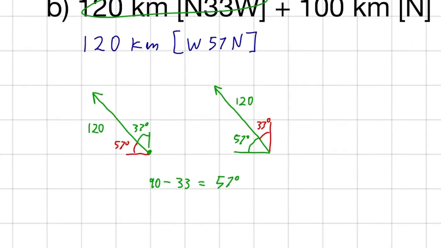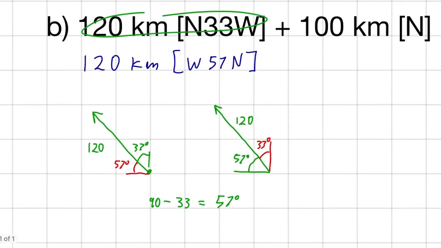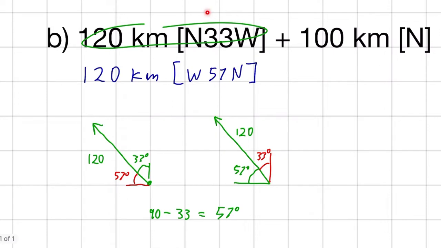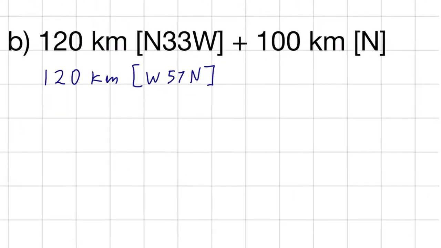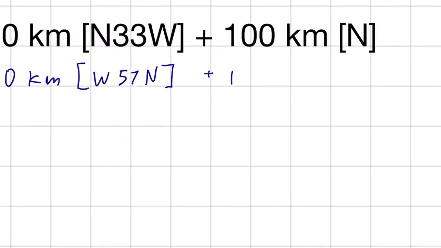So these are equivalent vectors, just like these are equivalent vectors. They're just written in a different way, and we need them to be written with the east or west, followed by degrees, followed by north or south. And then the second vector here, well, it's just going to stay 100 kilometers north.